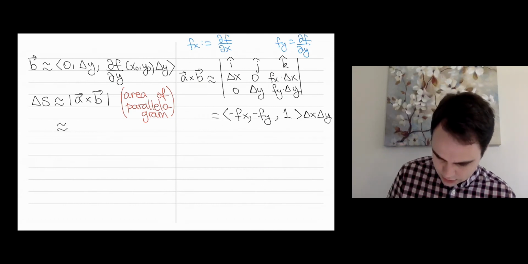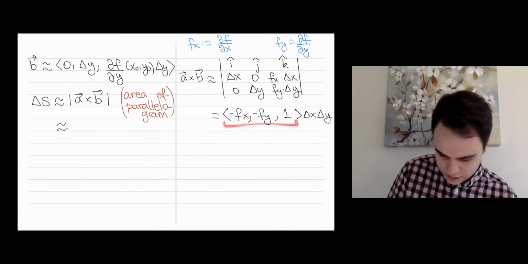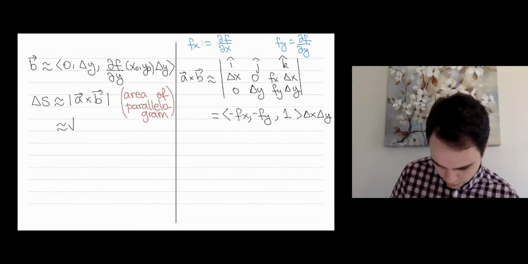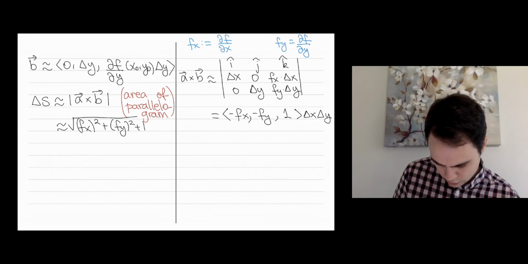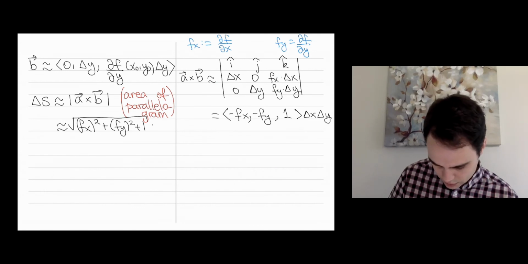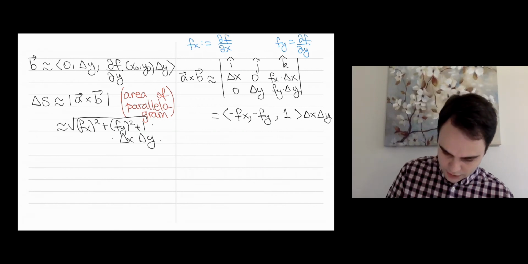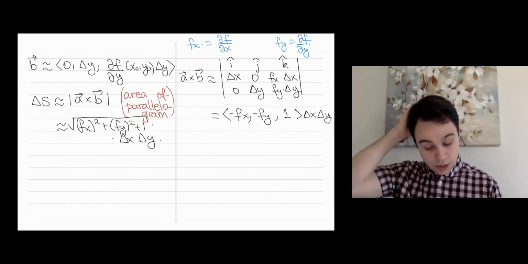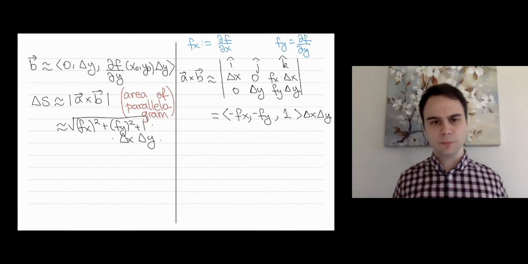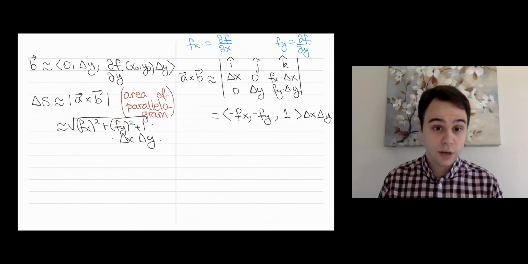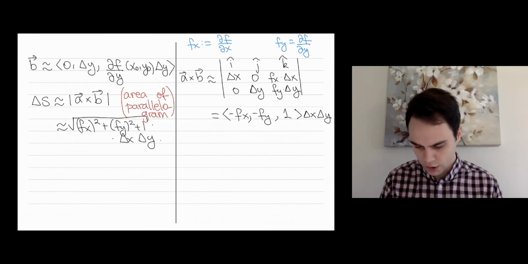Now the length of this vector is the square root of the x partial squared plus the y partial squared plus 1. You don't need to write 1 squared times delta x delta y. Delta x delta y, remember, was the area of the rectangle on the bottom. And here I'm omitting the points where you have to evaluate the partials. The points are x0, y0.